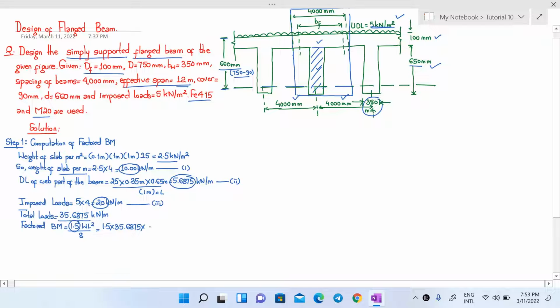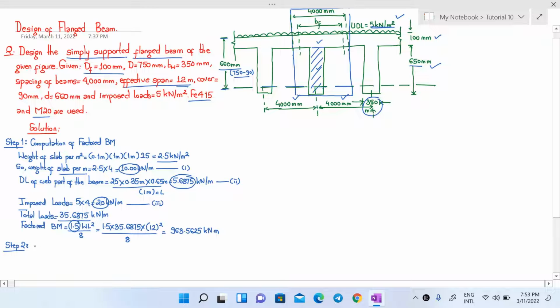Our effective span is 12 meters. So 12 square over 8, which comes out to be 963.5625 kilonewton meter.